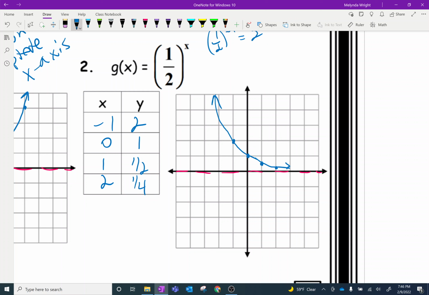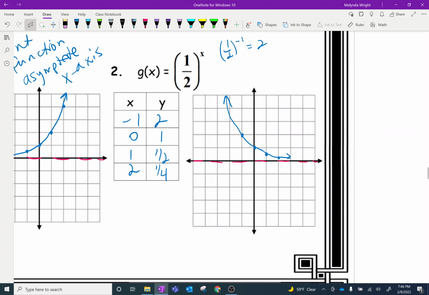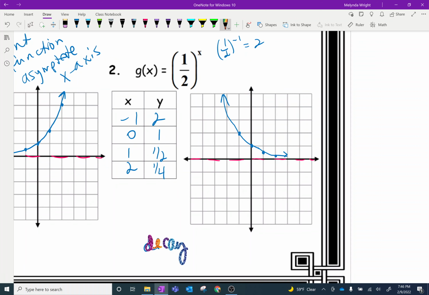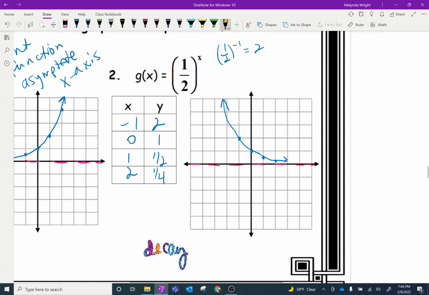Ooh, as we're reading this one from left to right, it's falling. So this one is decay. But look at that equation. That equation doesn't have a negative there. Let's think about that. How else could I write this portion besides 1/2?